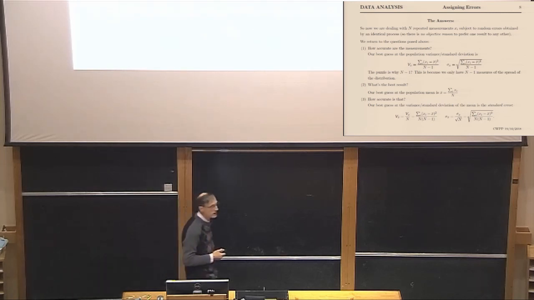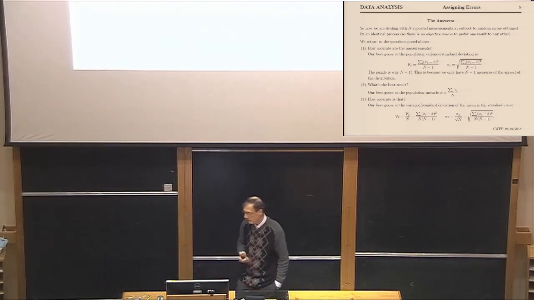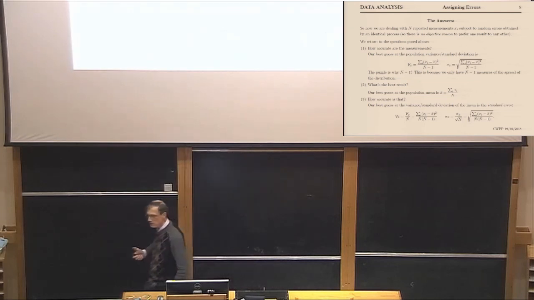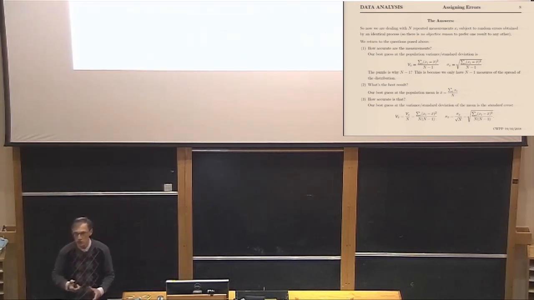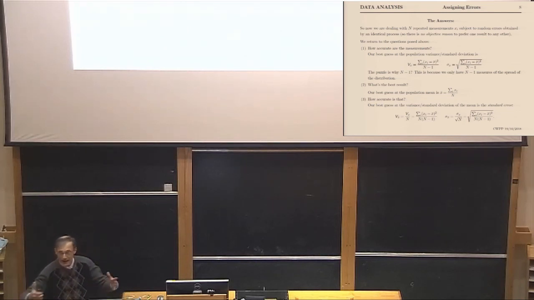Now, the reason for that is to do with degrees of freedom. The data is being used here for two different purposes. It's being used to establish a mean, a best value, and a spread. So essentially one linear combination of the variables x is being used to determine the mean, which means there are only n minus 1 independent linear combinations of those numbers with which you can determine the spread.